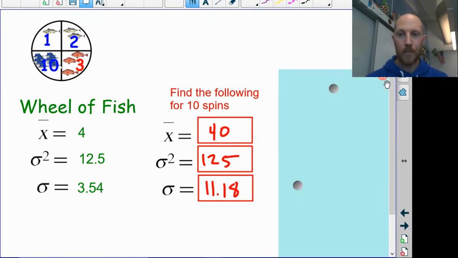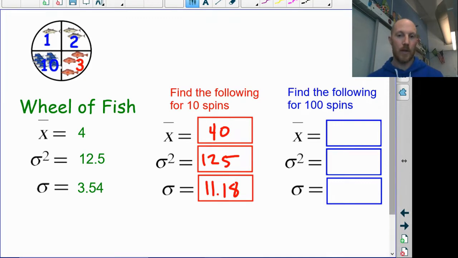Done. What if we needed to find the mean, variance, and standard deviation for 100 spins? Well, we just go back to those green numbers, and this time we'll multiply by 100 instead. So 4 times 100 is 400. 12.5 times 100 is, oh my gosh, get the numbers in the right order, 1,250.